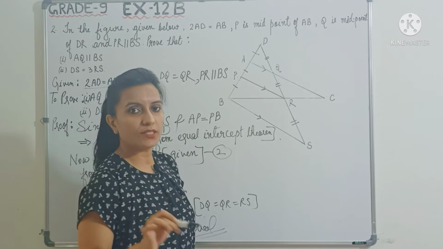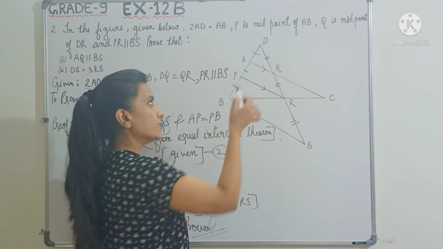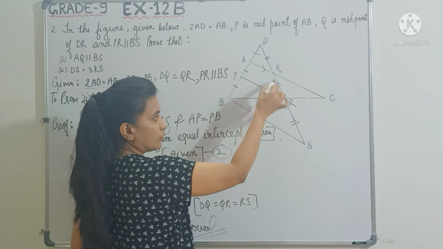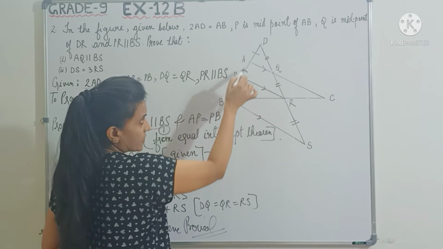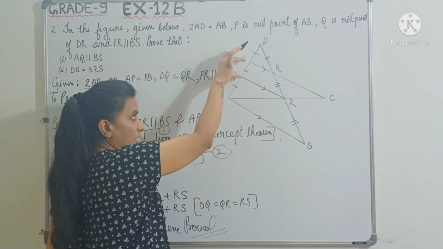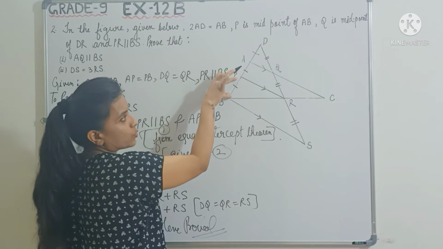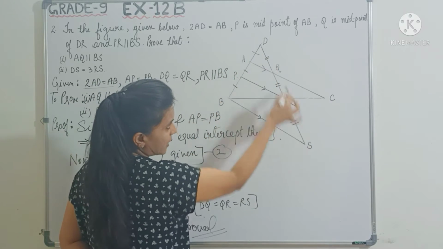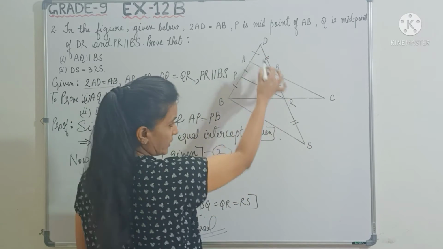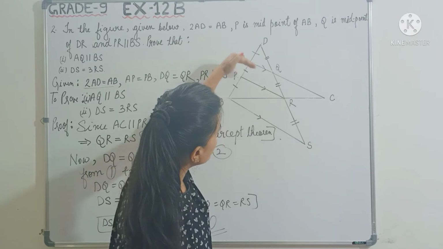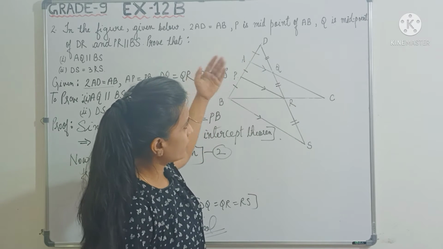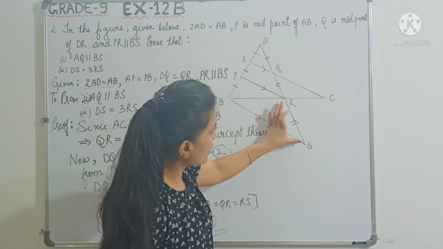So we used the equal intercept theorem to show that QR is equal to RS. Here DB is the transversal which is making equal intercepts, right? So even DS is another transversal, and this transversal will also make equal intercepts on these three parallel lines. Therefore, QR will be equal to RS.